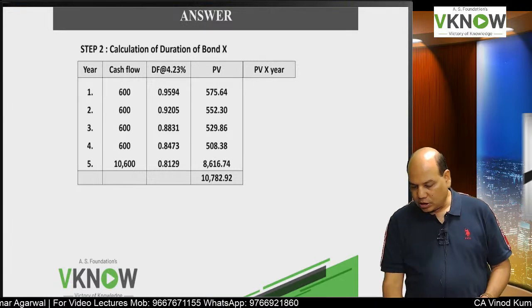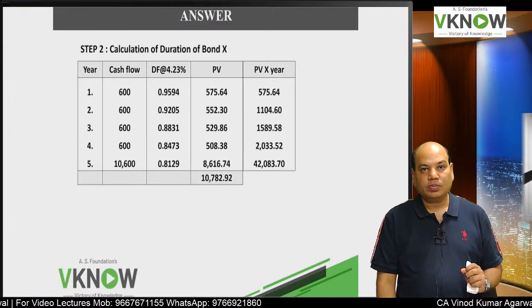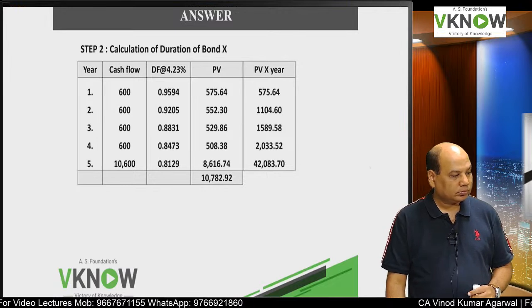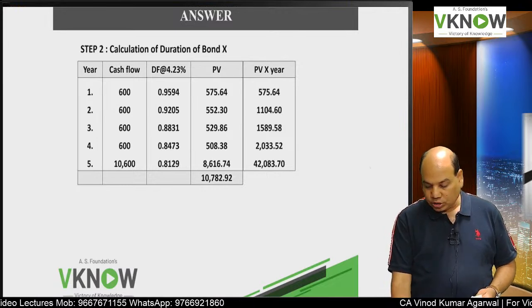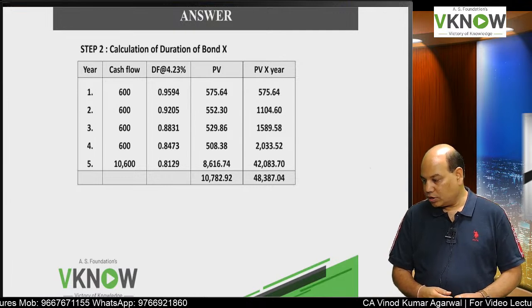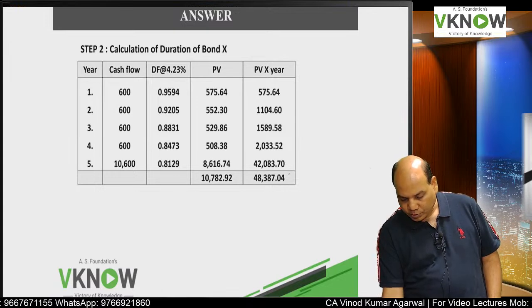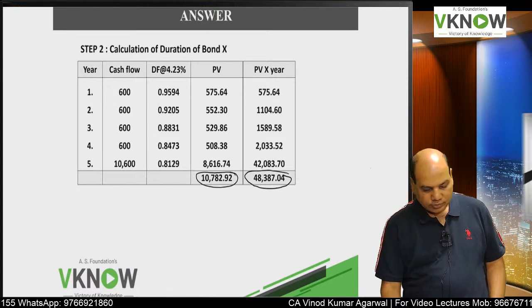Now you compute the last column, multiply and use the memory plus function. Total of the last column. Check the answer please, 48,387.04. All of you please note down this number. Later on you can check.